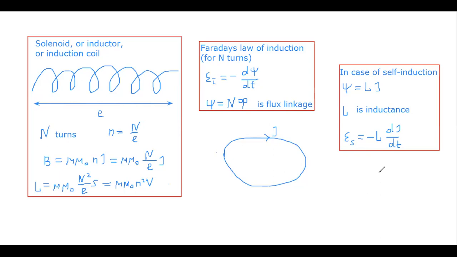And first of all, it will oppose fast change of electric current. And because of this, some elements with high inductance may be used to suppress high frequency noises in electric circuits.